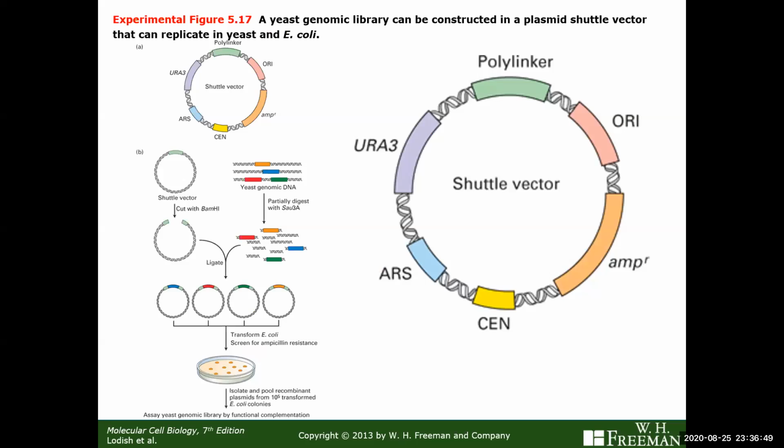So you can potentially clone every piece of the yeast genome in different plasmids, and you will have to ensure that the total length of the inserts in all these plasmids in your collection adds up to 2 to 3 times the genomic DNA length.